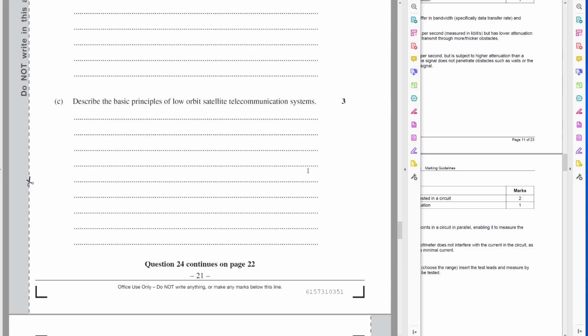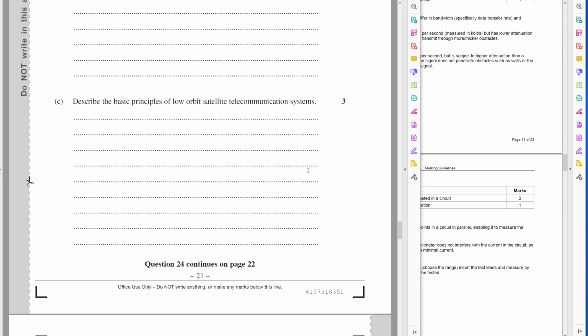Describe the basic principles of low orbit satellite telecommunications systems. I think I put this in my notes for satellites in Google Classroom. What are the things we're looking for? I think we've talked about this actually. There were very old questions, from 2005, say, that talked about this.